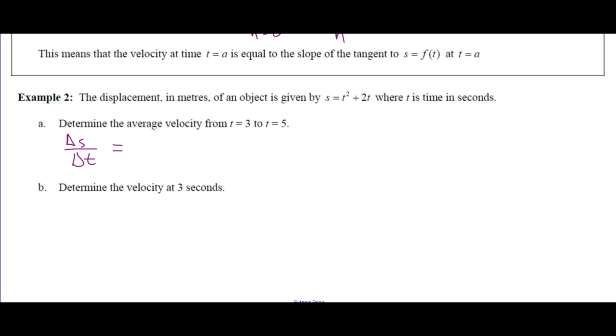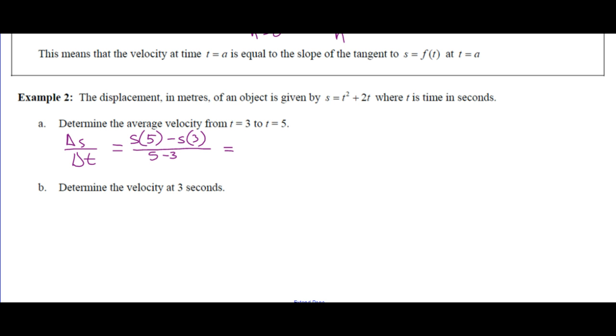The change in position is going to be s at 5 minus s at 3, over 5 minus 3.